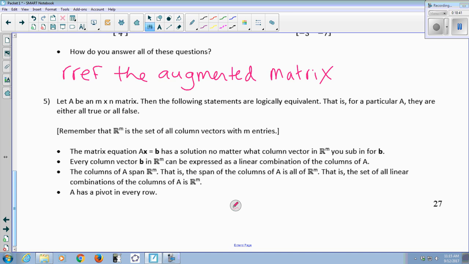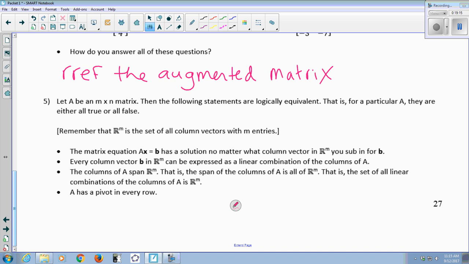It says that R sub m, remember that's the set of all column vectors that have m entries. So if the matrix equation AX equals B has a solution no matter what column vector in Rm you put in for B, so this is never inconsistent, no matter what you put on the other side of the equal sign, that is equivalent to every column vector B can be expressed as a linear combination of the columns of A, which is equivalent to the columns of A span Rm.